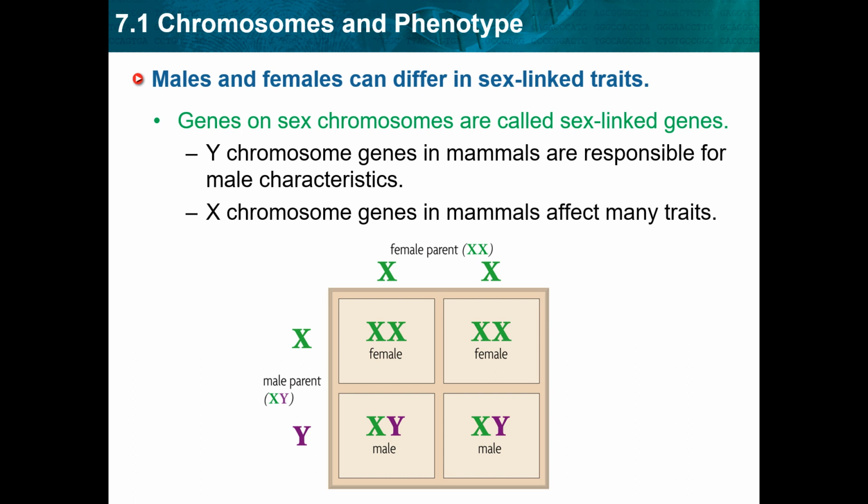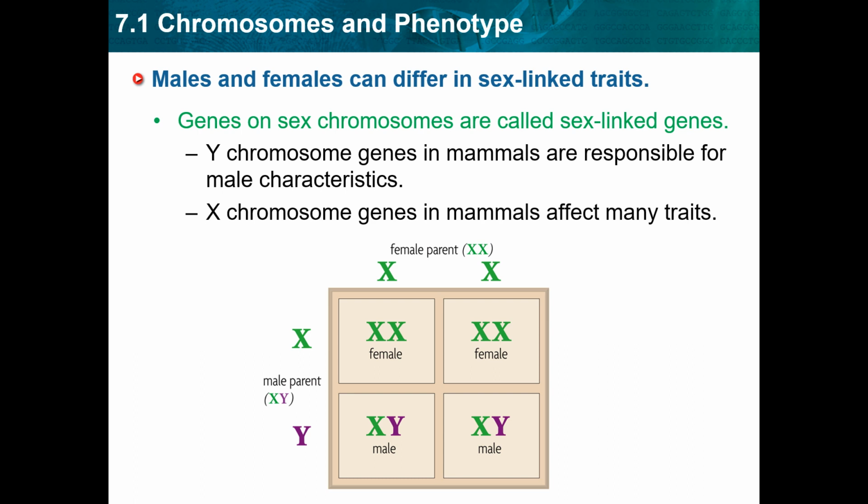Okay, this is just reviewing the basic concept of sex chromosomes and how you determine male versus female, which we've talked about before, but I'll just go over it again real quick. Genes that are on sex chromosomes are referred to as sex-linked genes, which should be kind of obvious given the name. The Y chromosome is what makes a male.